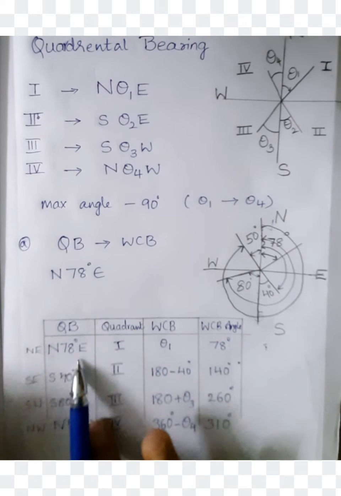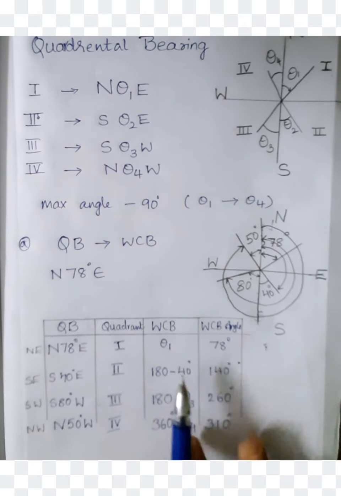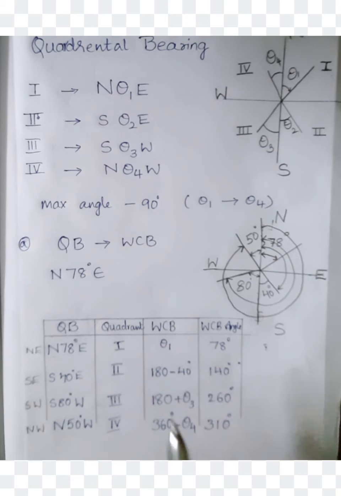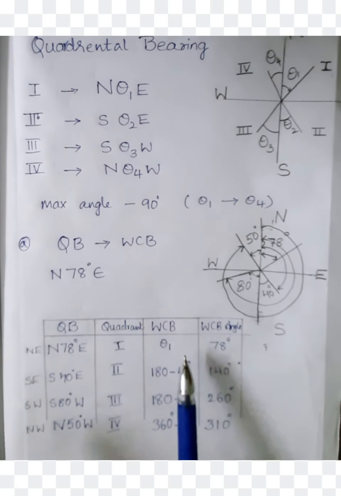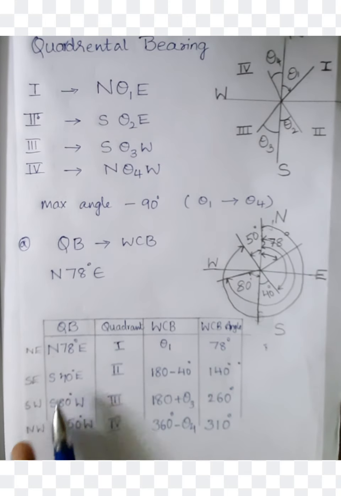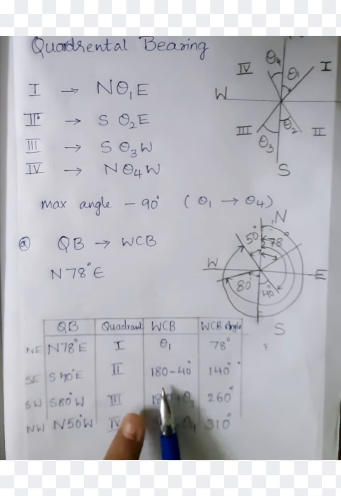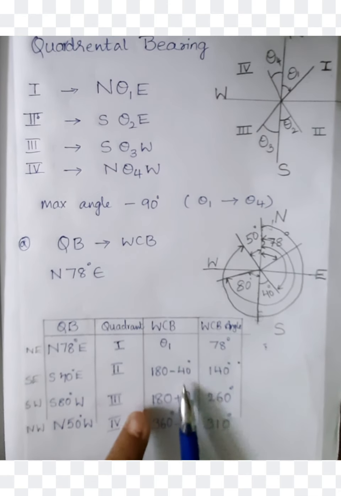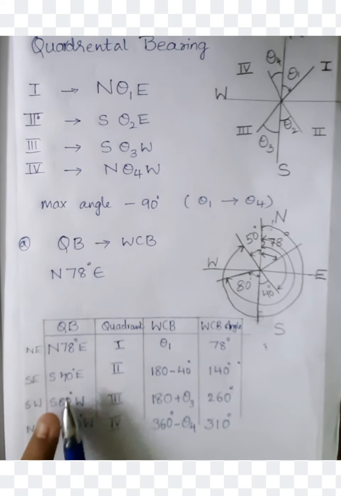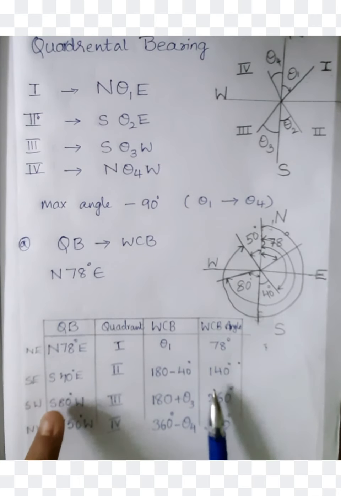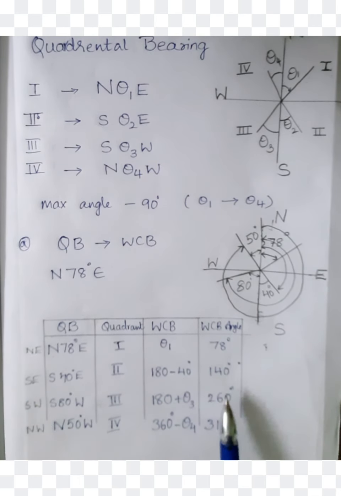Theta 1 in the quadrantal system remains theta 1 in the whole circle bearing system also. If theta 2 falls in the second quadrant, your WCB angle becomes 180 minus theta 2. So 180 minus 40, I get the whole circle bearing as 140 degrees.